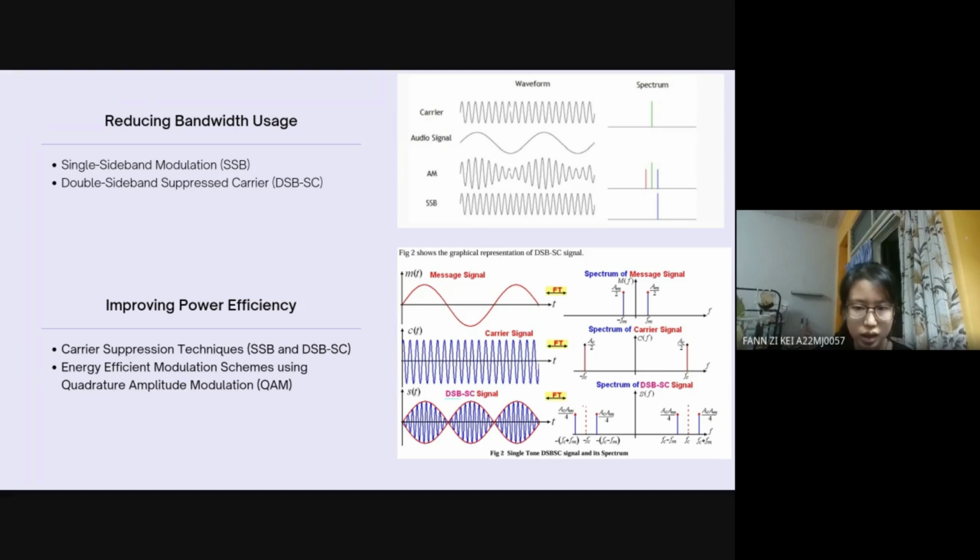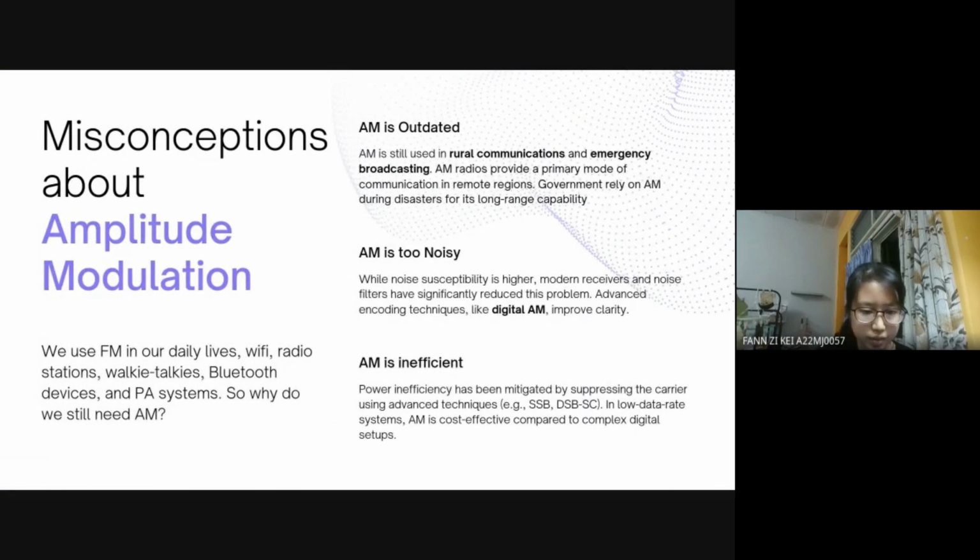For the next slide, I will talk about the misconception about amplitude modulation and why we still need it. Most of us think that AM is outdated because, just like what the previous speaker said, in daily life we use FM more, but actually AM is very important in rural communication and emergency broadcasting.